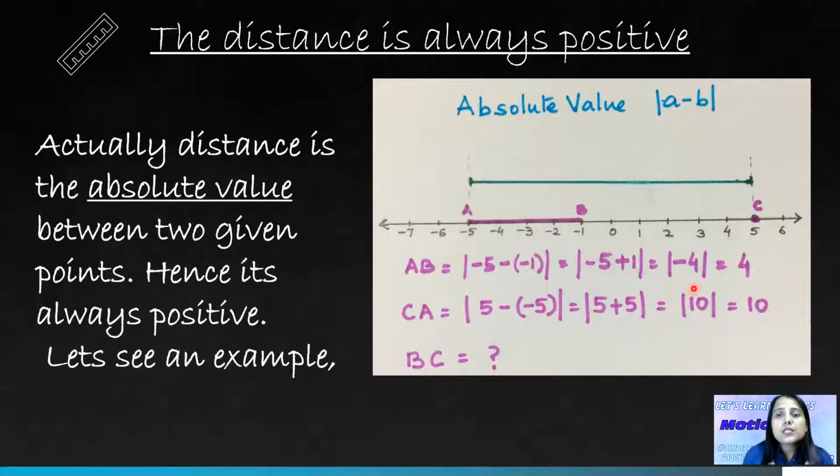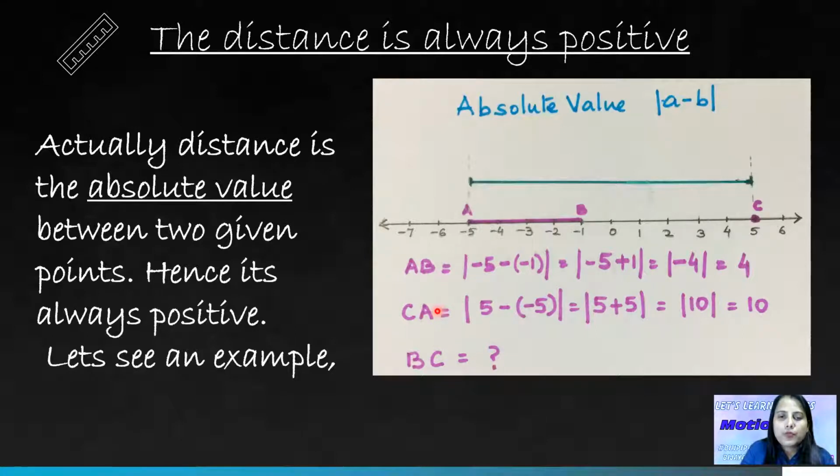Now since it's just a difference, distance is just an absolute value, so the absolute value of -4 will always be 4. Even manually, if you count, the number of units between the two given points is the same, isn't it? It's just covering 4 units. So here the distance is 4.